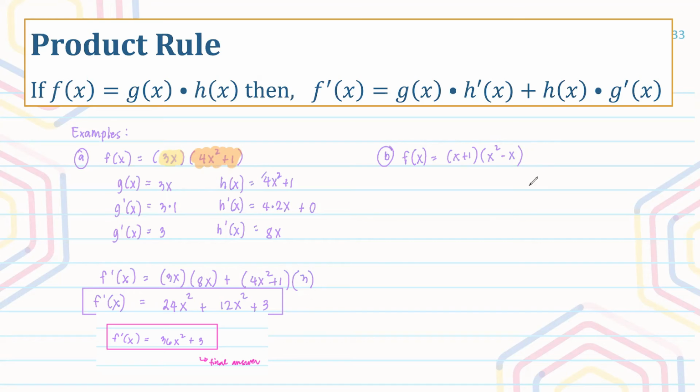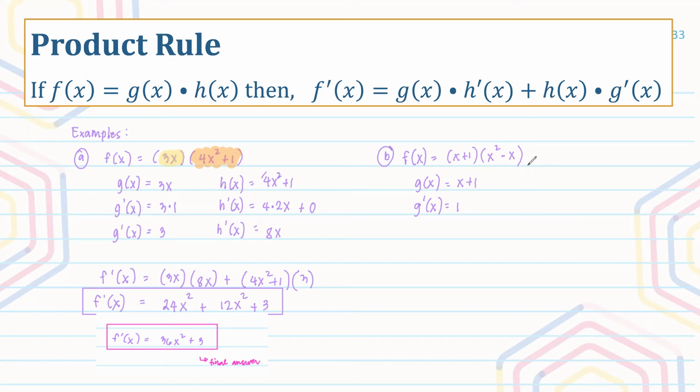All right, so first let's identify our g of x. Our g of x here is x plus 1. So get the derivative of g of x. We have here the derivative of x is 1 plus the derivative of 1, which is 0. So our derivative is just 1.